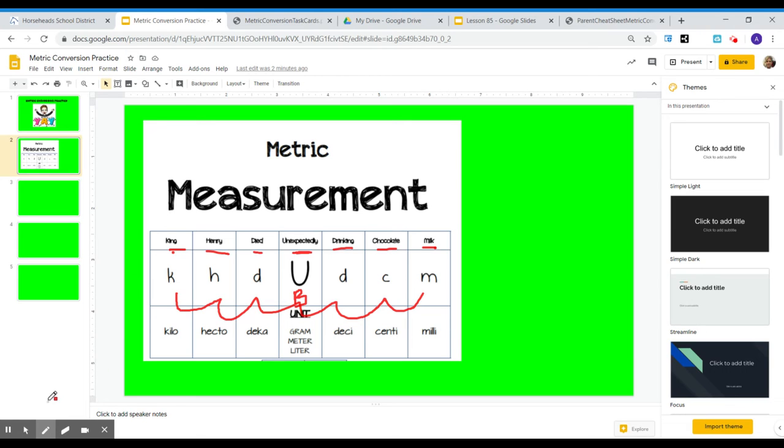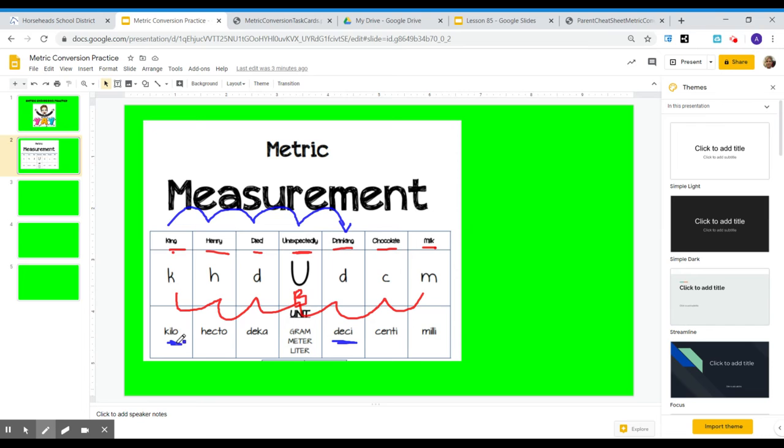Okay, however many bumps. You also maybe could be moving to the right, to the right, to the right. However many bumps over is where you need to move your decimal. So if you go from a kilogram to a decigram, look at this.